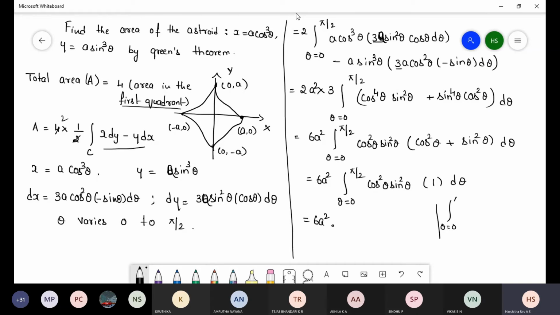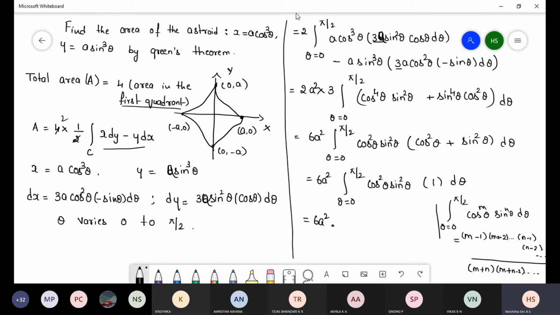Integral limit varies from 0 to pi by 2 cos m theta sin n theta d theta is equal to, first I will write m minus 1, m minus 2, and so on. Again n minus 1, n minus 2, and so on. Whole divided by m plus n, again m plus n minus 2, like that m plus n minus 4, and so on.